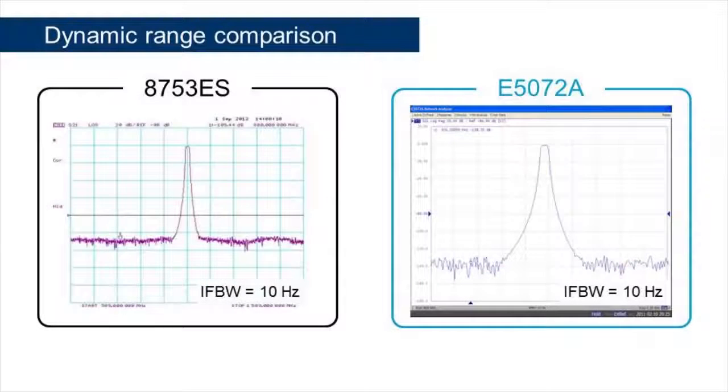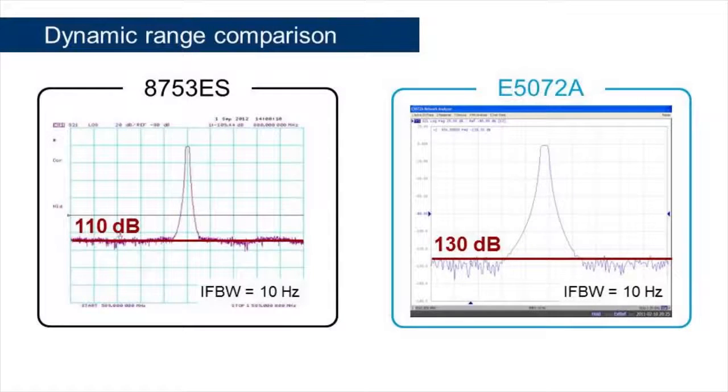The dynamic range of the 8753ES is 110 dB, while the ENA has a range of 130 dB. The IF bandwidth is set to the minimum 10 Hz to reduce the noise level. The noise floor contributes to measurement errors significantly with a very low signal level at the filter stop band.